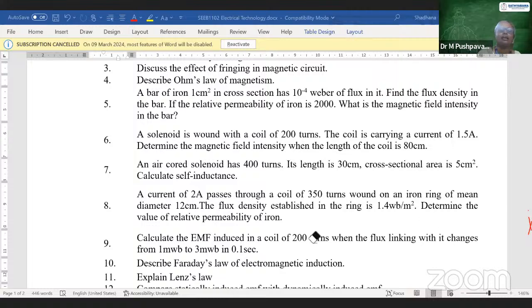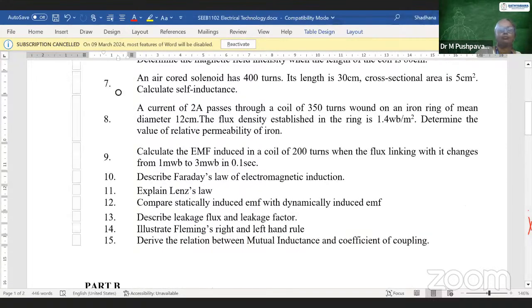Okay, actually, we all know this particular formula. MMF equal to flux into reluctance. Flux, we all know the formula, N into I.